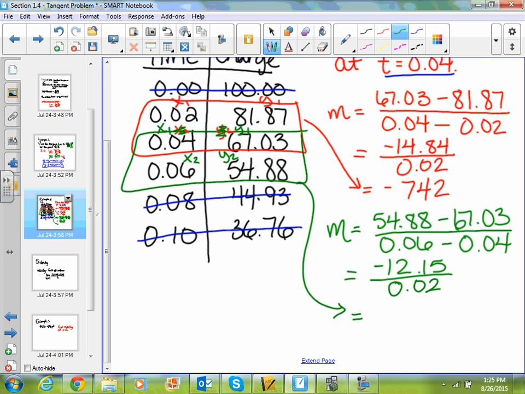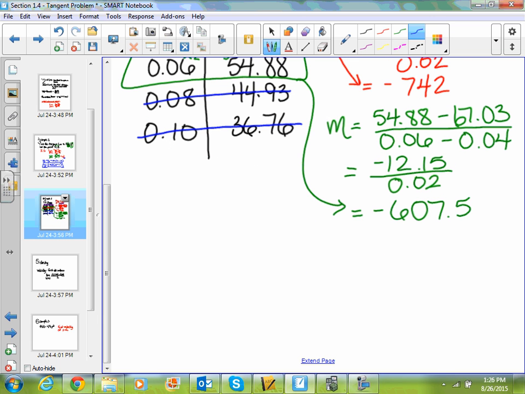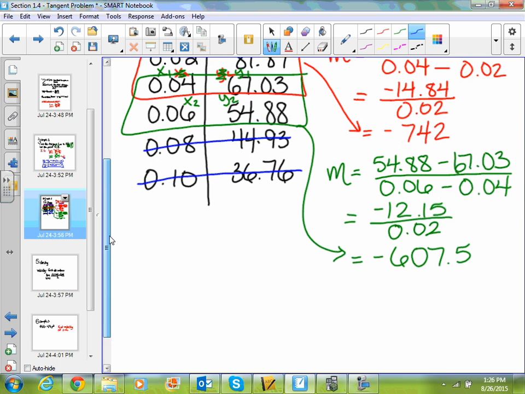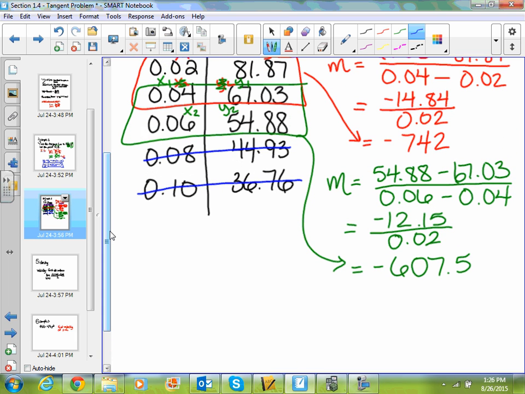And so what does my slope then of what I've got in green become? Negative 607.5. Okay, so negative 607.5. So I know my instantaneous slope between 0.02 and 0.04 is going to be negative 742.